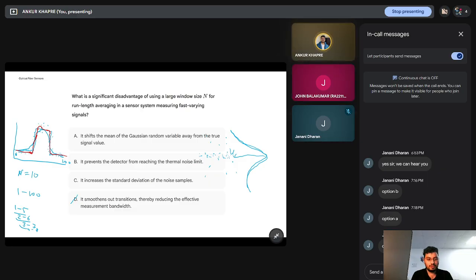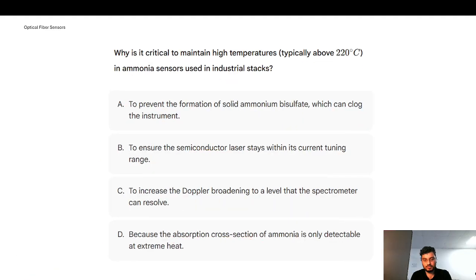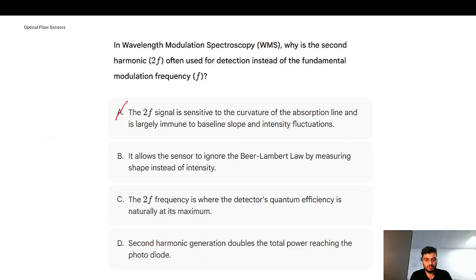Did you understand? So it is not doubling the signal, it's just filtering it out properly. It is very sensitive to the curvature of the absorption line, and also largely immune to the baseline slope and intensity fluctuation.